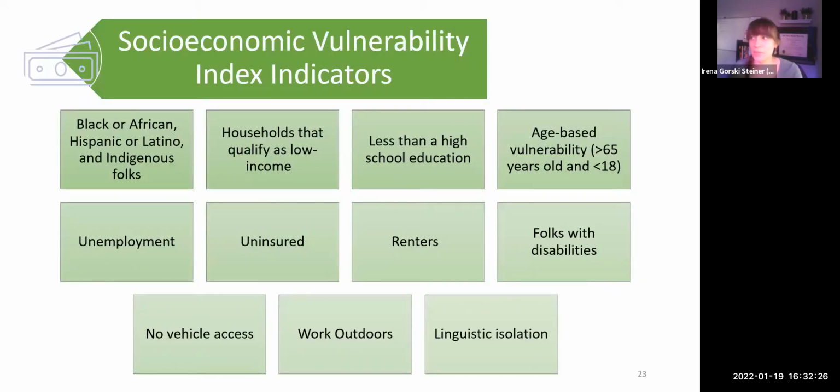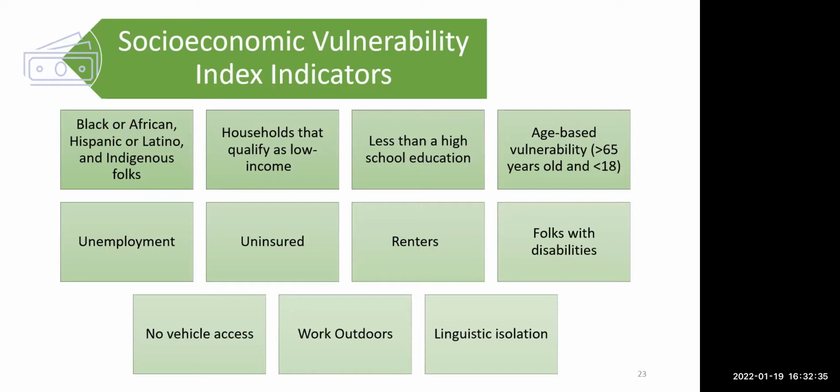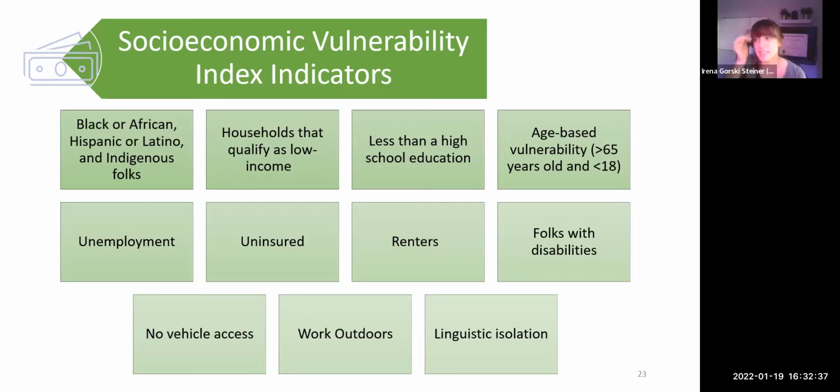For socioeconomic vulnerability, we have a couple more indicators, more data available, not as many privacy restrictions with data. So we have by census tract, race and ethnicity, households that qualify as low income, education, age, unemployment, health insurance status, renter status, folks with disabilities, no vehicle access, working outdoors, and linguistic isolation.